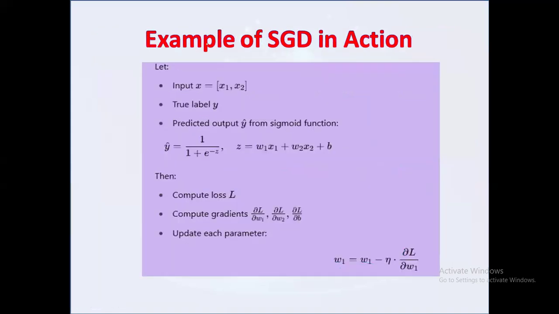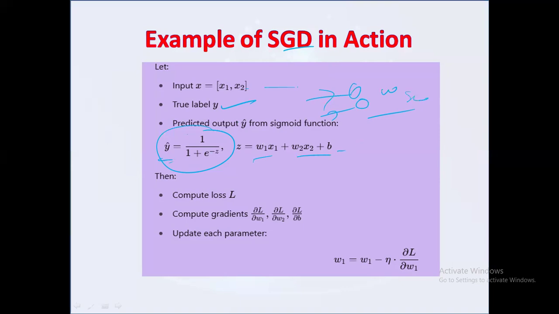Next, an example of SGD in stochastic gradient descent iteration. Consider inputs x1, x2, with two inputs and the true output y. The neural network computes the predicted output using the sigmoid activation function after finding the weighted sum, where z is equal to w1 x1 plus w2 x2 plus b.